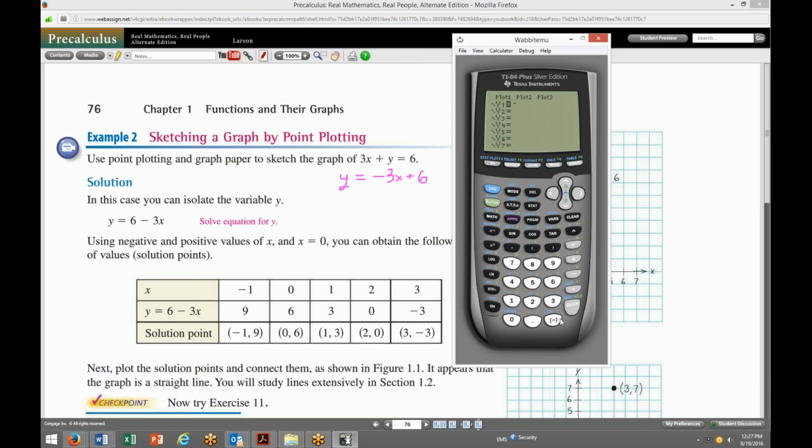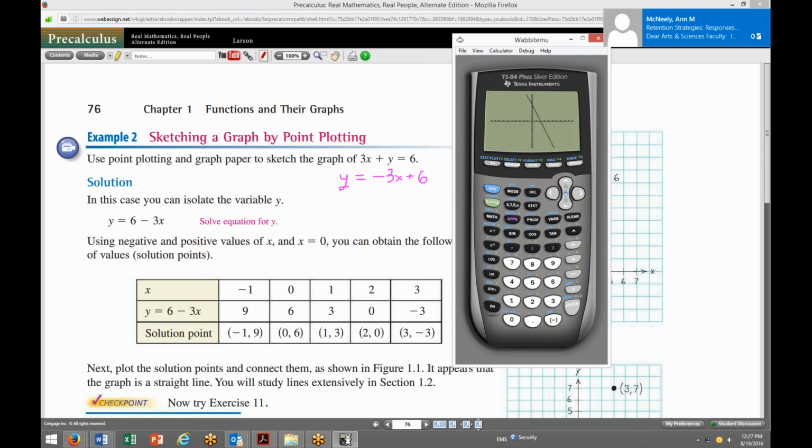So minus, then 3x plus 6, and we should have the standard basic window, x going from negative 10 to positive 10, y from negative 10 to positive 10. That's fine. Now I click on the graph key, and there we have it.